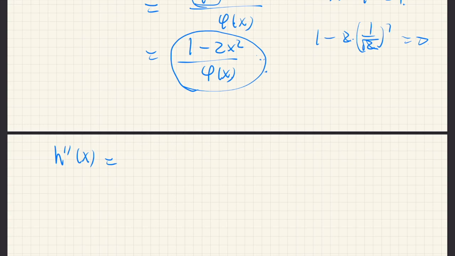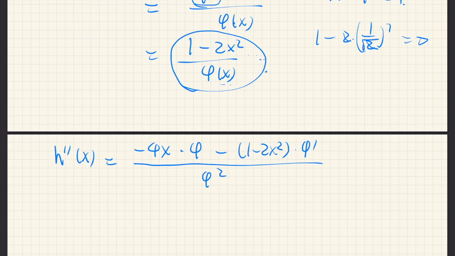Using the quotient rule, we have negative 4x times phi, just skip this parenthesis, minus 2x squared phi prime over phi squared.